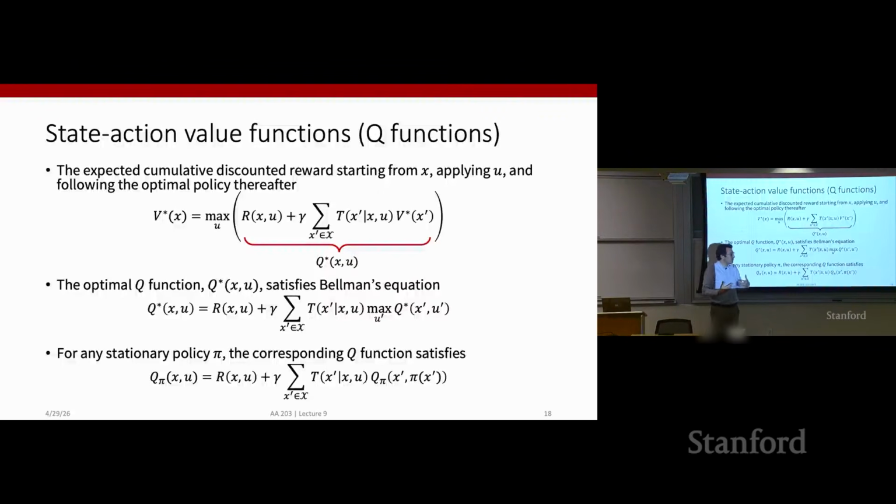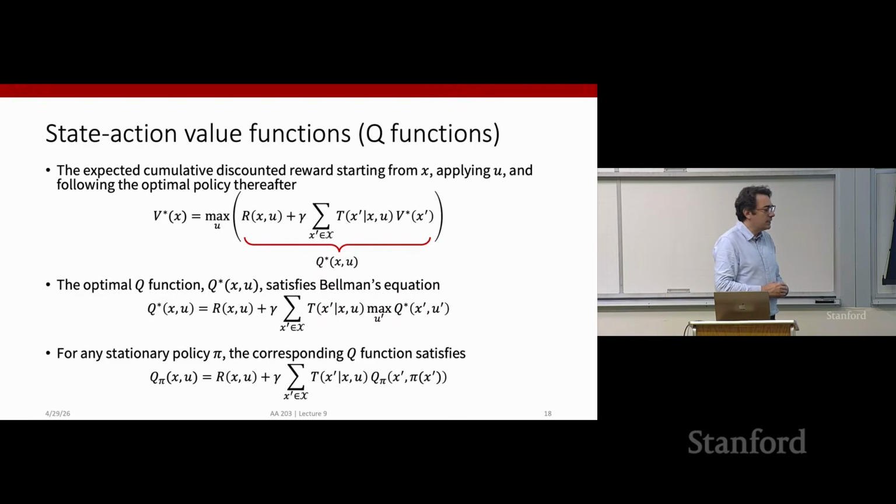If we reason in terms of the Q star function, then the Q star function satisfies an equation that is very similar to the Bellman equation, whereby the optimal Q function is equal to the current reward plus the average of the Q function maximized over u prime. We derived this equation last time, so I'm not going to go through it again.